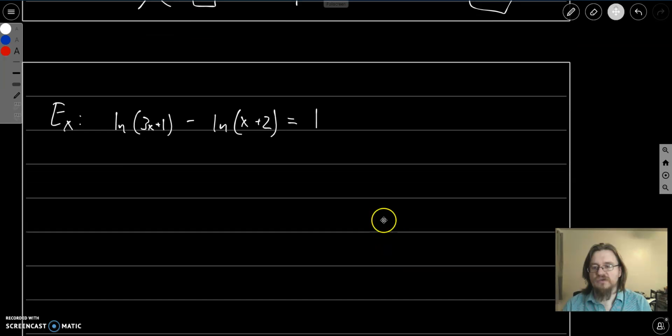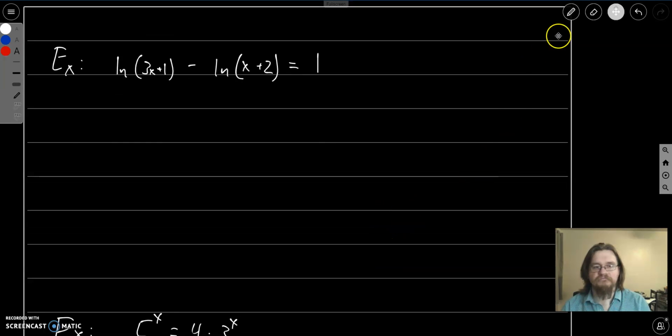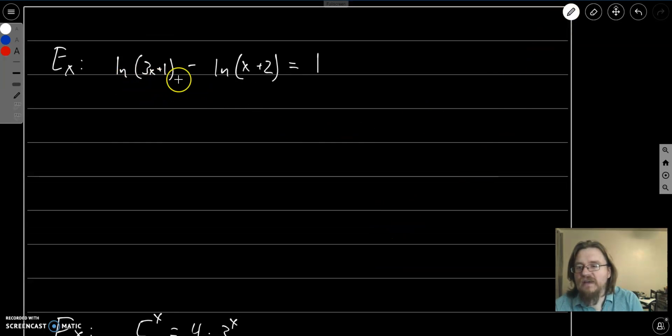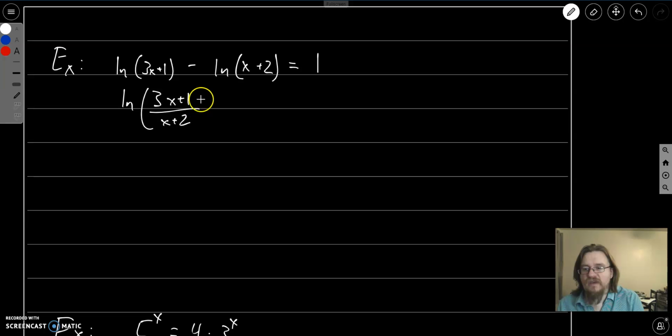So let's do another example here. We've got the natural log of 3x plus 1 minus the natural log of x plus 2 is equal to 1. So when we subtract these, we will get the natural log of 3x plus 1 divided by x plus 2.